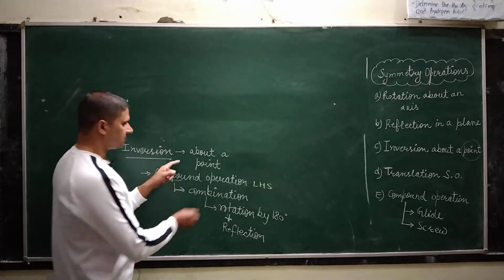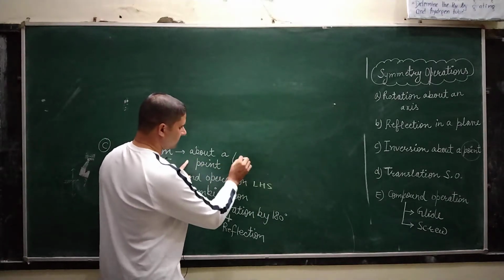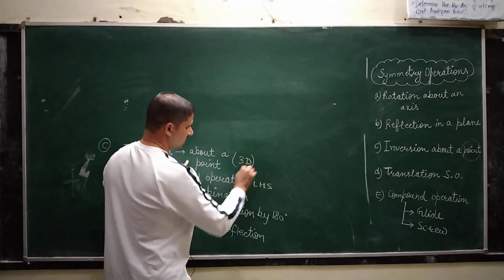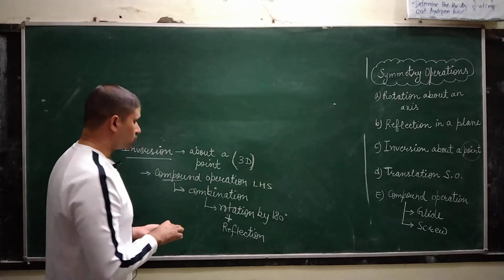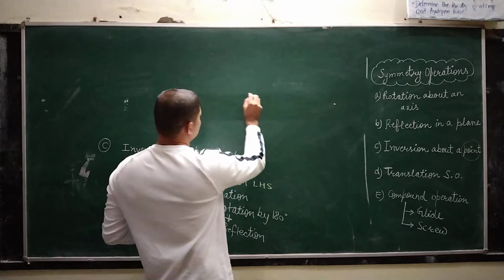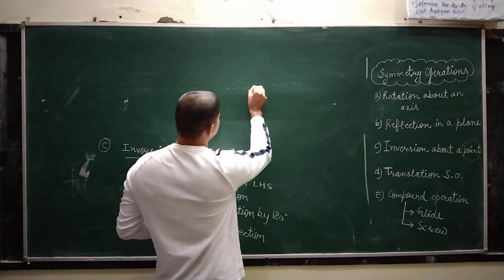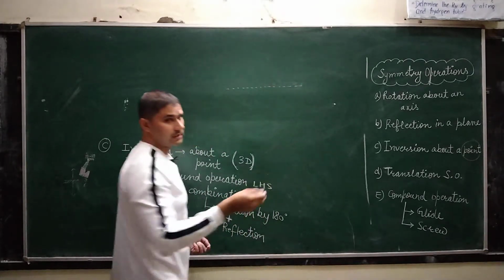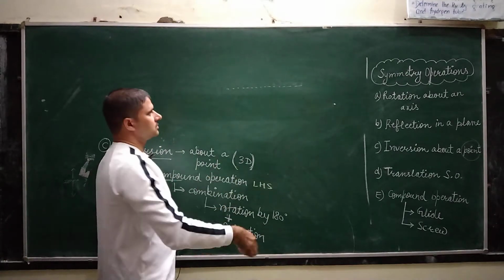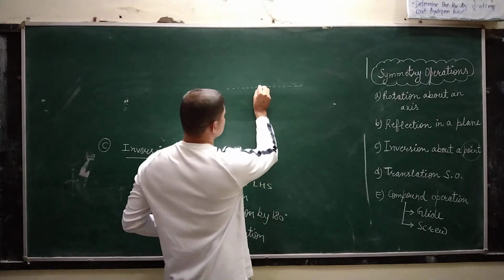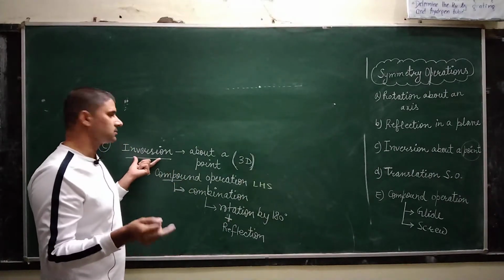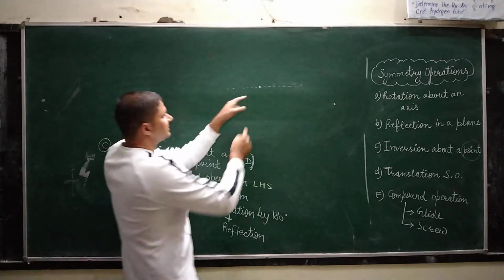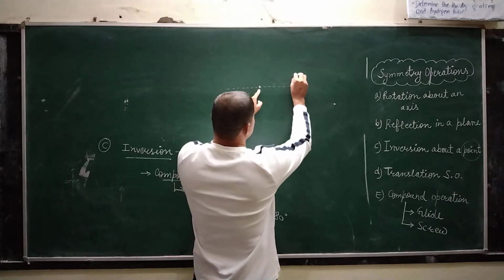This operation about a point is in 3D. How it is in 3D, you will see here. Suppose we have an arrangement of particles. This is a hypothetical example. This is the point about which we are to apply the inversion operation, and particles are present here.